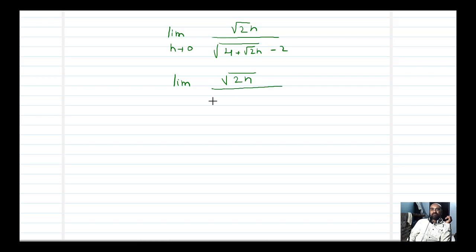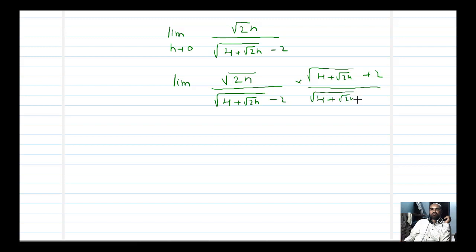So what I am doing: multiply and divide by root over 4 plus root 2h, plus 2. H is tending to 0. Friends, listen.